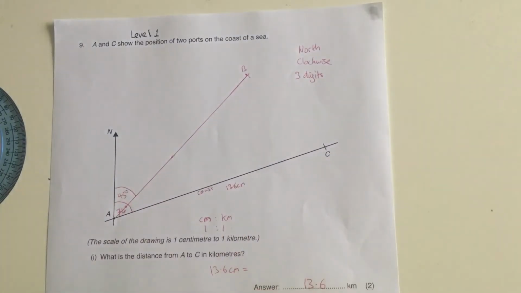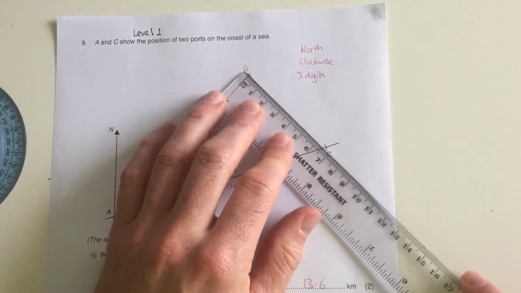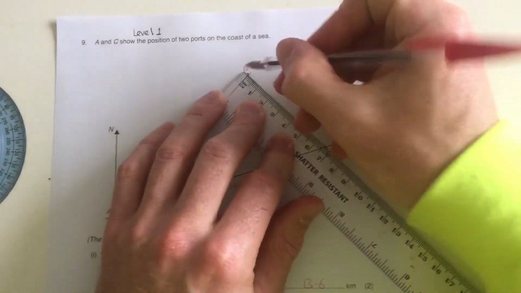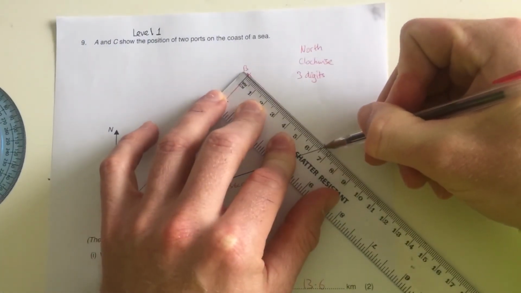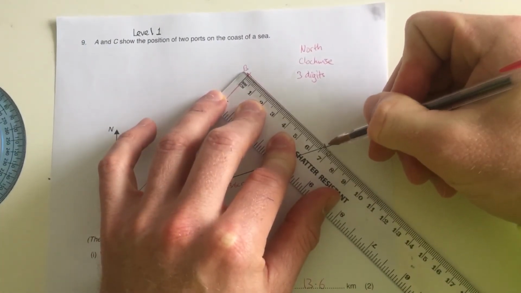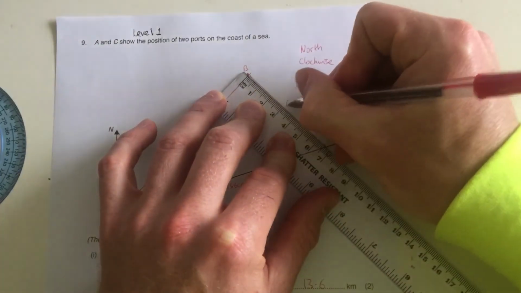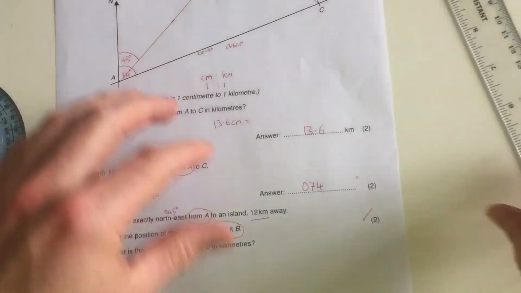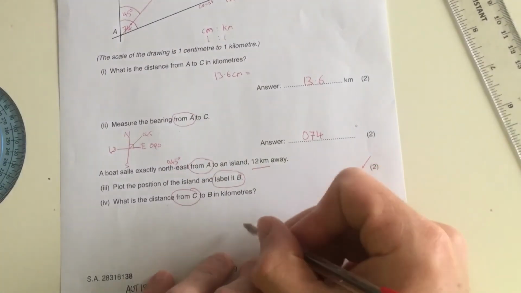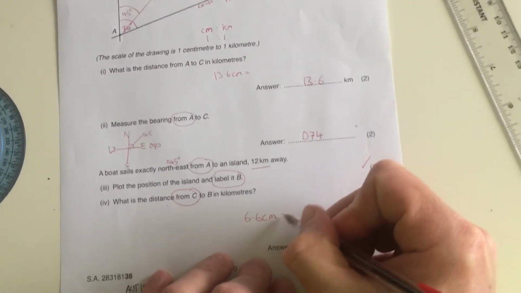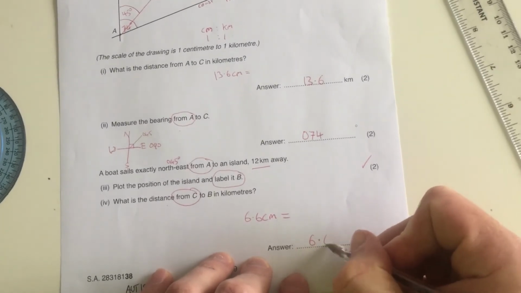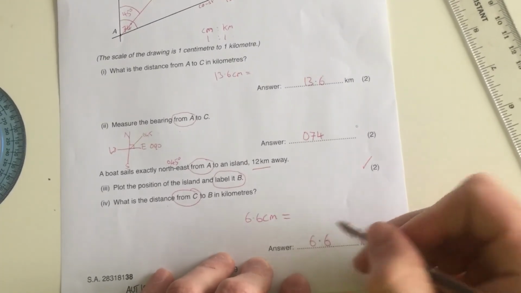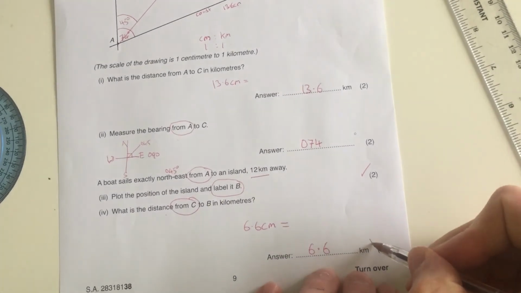So put my ruler through here, on 0 on B, and then to C. I'm actually going to line it up. And it's 6.6 just. 6.6 centimetres. Mark it on there. And 6.6 centimetres equals 6.6 kilometres. And we are done.